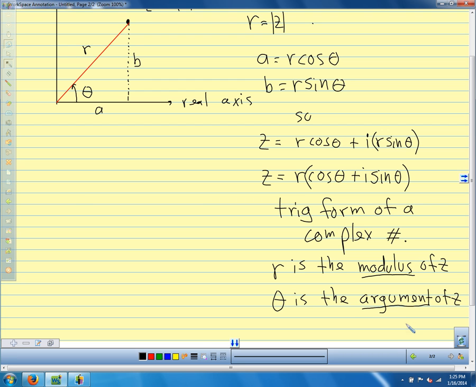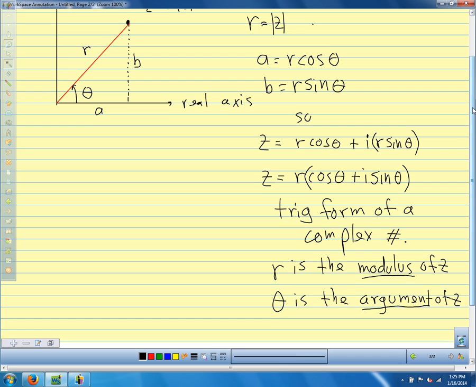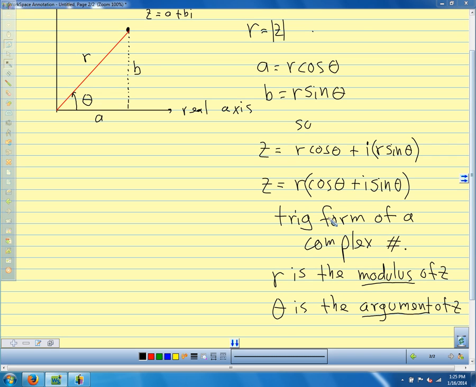So we write our complex number in terms of the modulus and in terms of the argument. Now what I want to do, we'll do some conversions in just a second, and then we'll talk about how we apply this way of thinking about complex numbers.